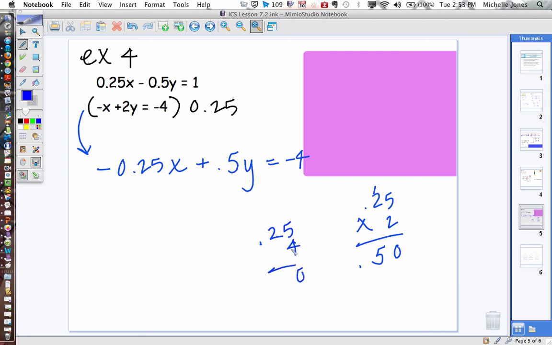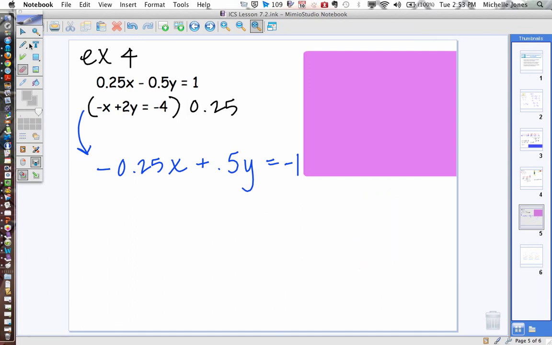Let's check that. It's been a long math day. 2, 8, 9, 10. Wow. Not negative 4 at all. All right, so that's going to be a negative 1. Let's get a bigger eraser here. All right, so let's take our first equation.